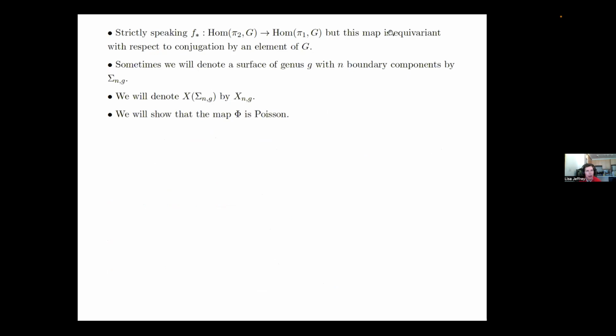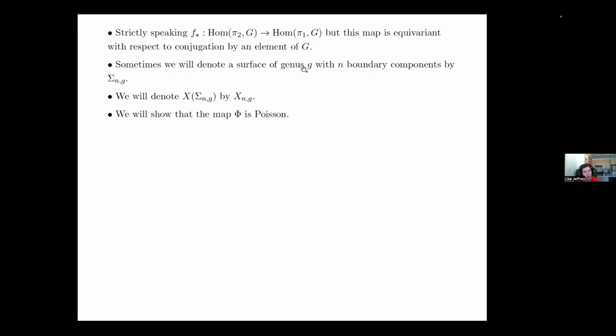Strictly speaking, we will think of these as maps in the spaces of representations, but because the map is equivariant with respect to conjugation, the construction descends to the character variety, which is the space of conjugacy classes of representations.